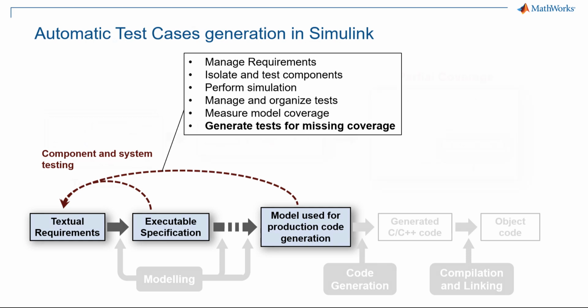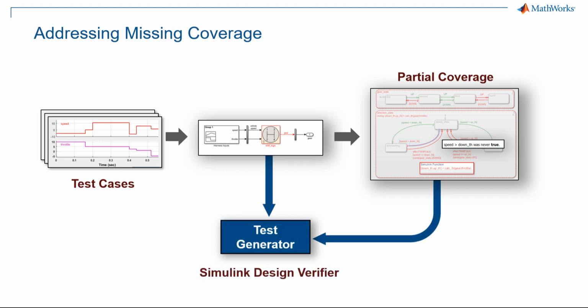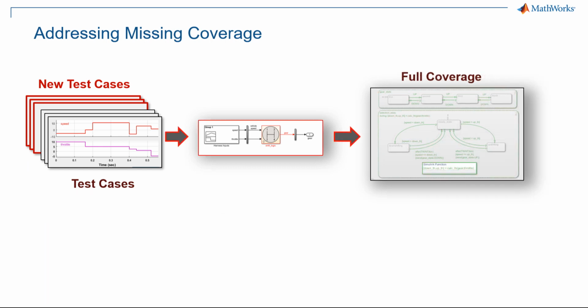The initial situation is this: the creation of test cases to obtain a coverage, which most of the time is partial. The test generator in Simulink Design Verifier can help us in the workflow by taking incomplete coverage as input so that new tests are specifically targeted to missing coverage, and when combined with the initial test give you a suite that can achieve the complete coverage.